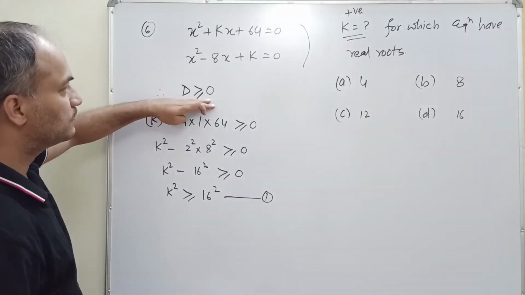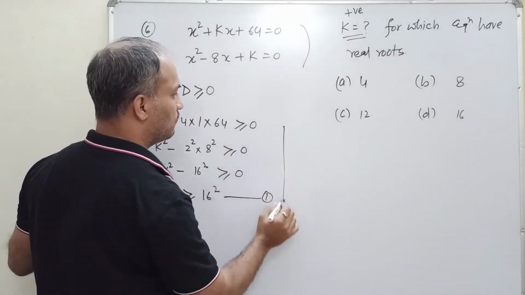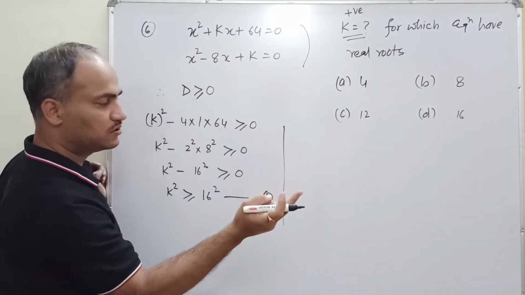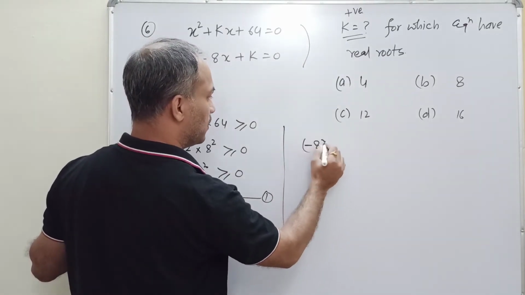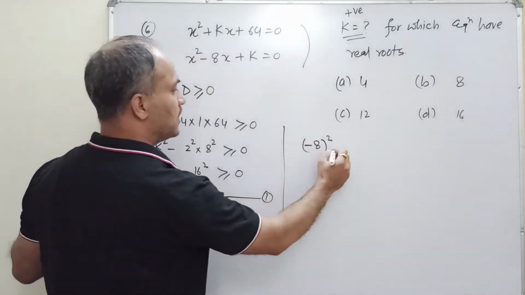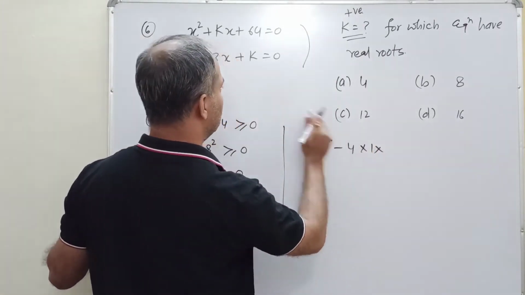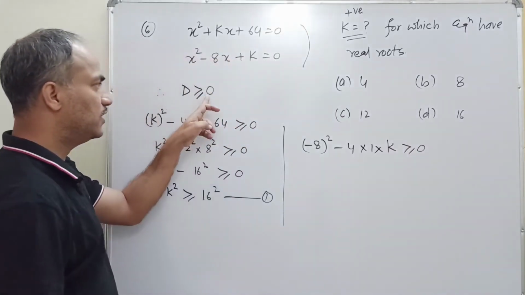Now let us apply the same condition for the second equation. Then what we get? From here we apply b square minus 4ac greater than or equal to 0. So this gives us b whole square minus 4 into a, which is 1, and c is k, greater than or equal to 0. Why greater than or equal to 0?